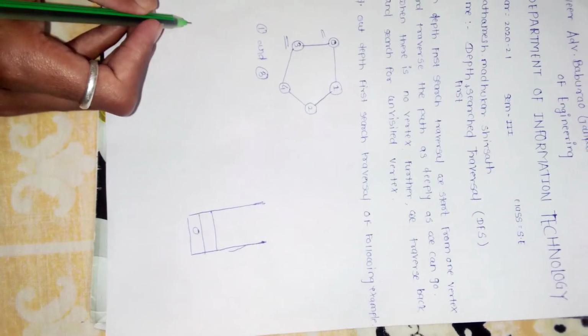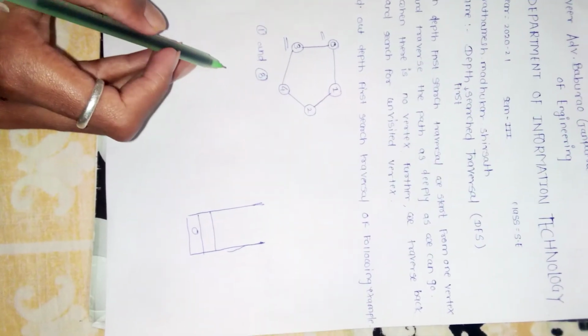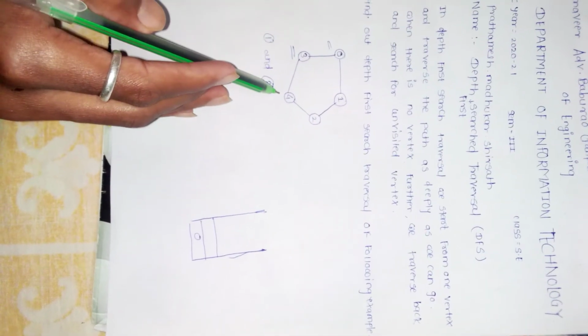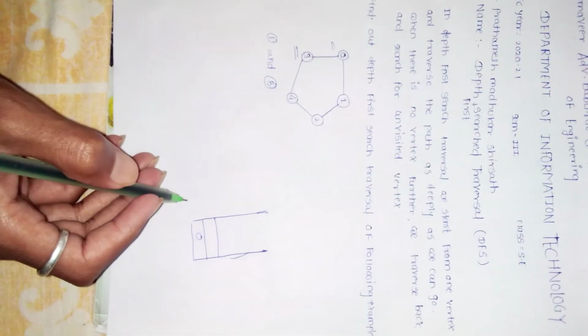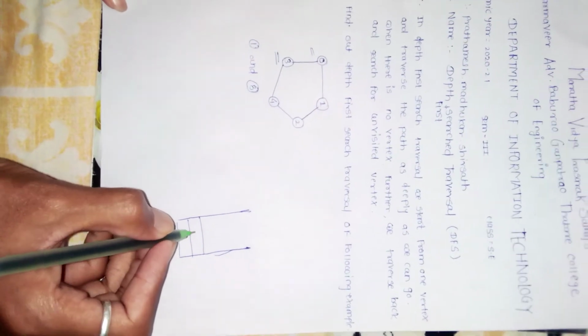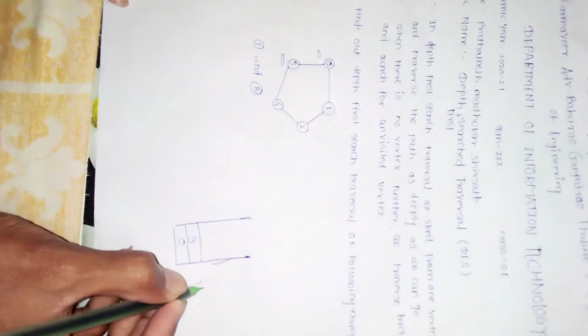After 3, 3 is adjacent to two vertices, that is 0 and 4, but 0 is visited. For that purpose, we take 4 as an unvisited vertex and put 3 in the stack.